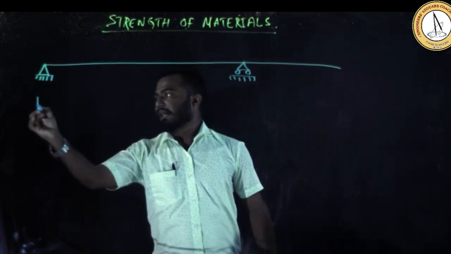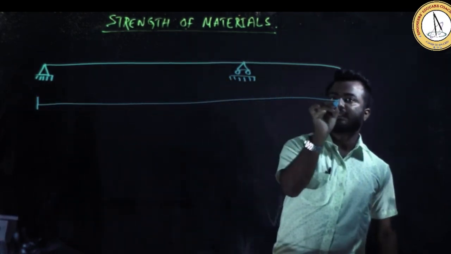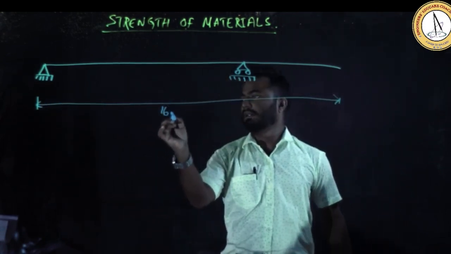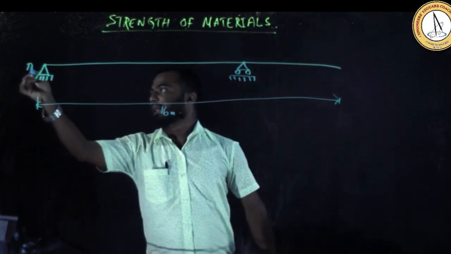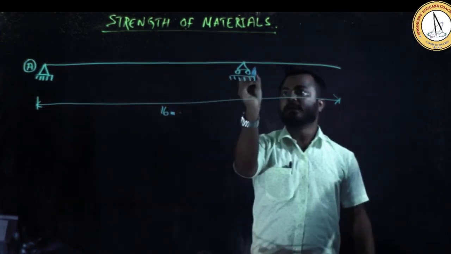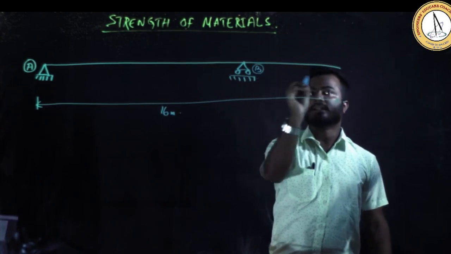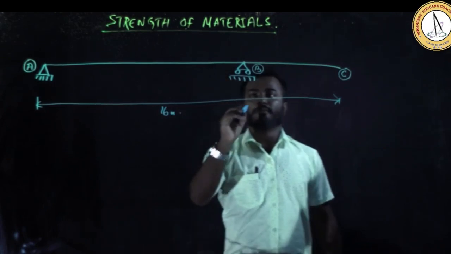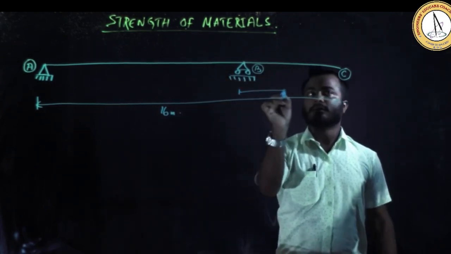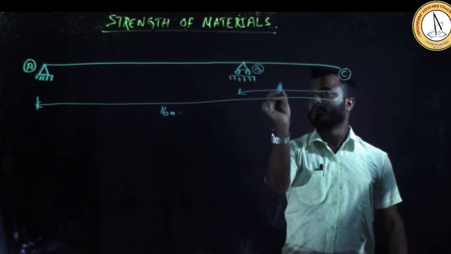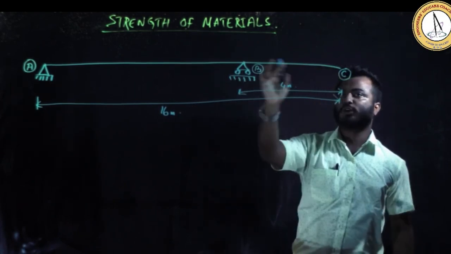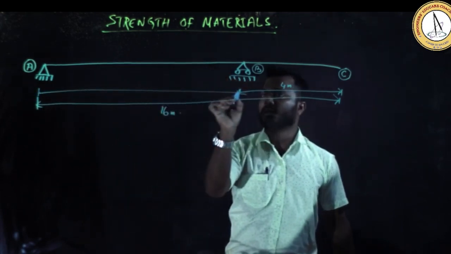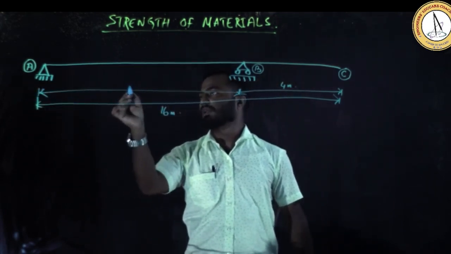The overall length of the beam is 16 meter. Say this is A, this is B, and this is C. So this is my ABC beam. B to C is 4 meter, as clearly mentioned, the overhanging portion BC is 4 meter. Then from A to B it will be 12 meter, because 16 minus 4 is 12.